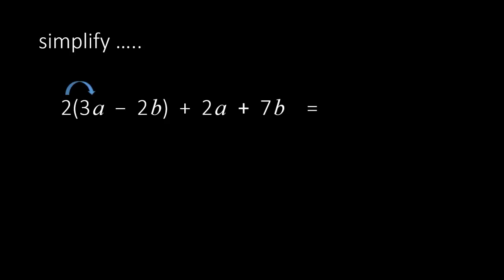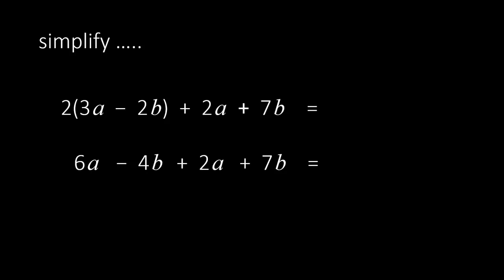So the 2 multiplies 3a. So 2 lots of 3a is 6a. And that 2 also multiplies minus 2b. So 2 lots of minus 2b is minus 4b. And now the brackets have gone. Let's write down the rest of that there. So we've got plus 2a plus 7b. And now we're back to the previous kind of example.